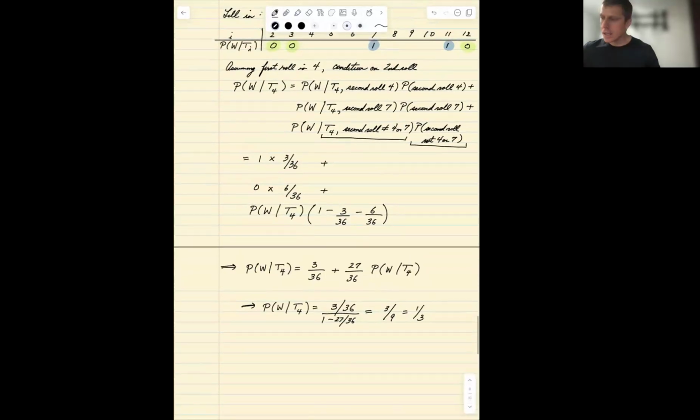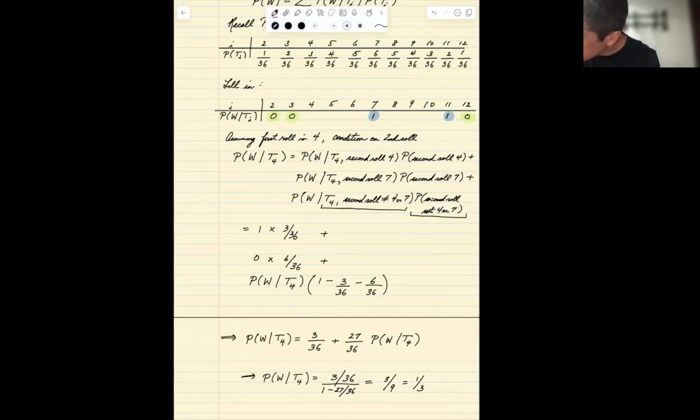So we can fill in this probability here as 3/9. And I'll leave it as an exercise to continue on and calculate these probabilities yourself, but the same technique can be used to get each of these probabilities for each of the points.